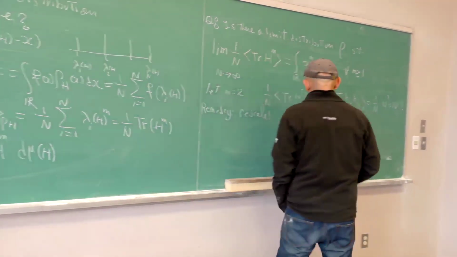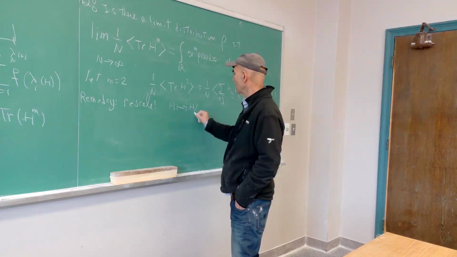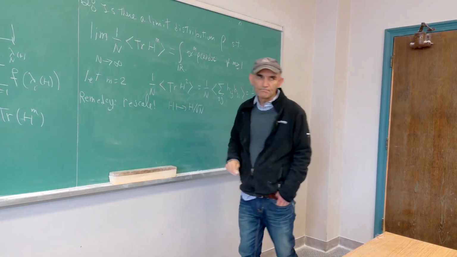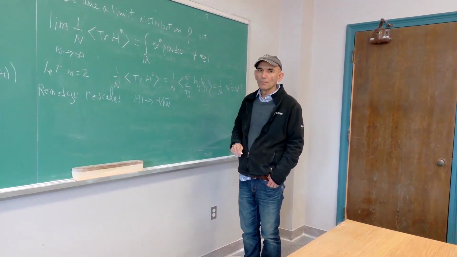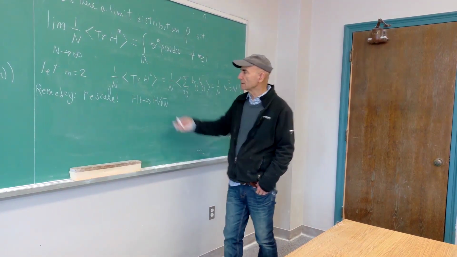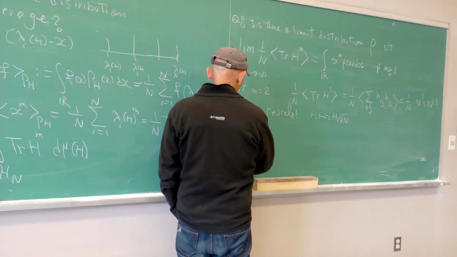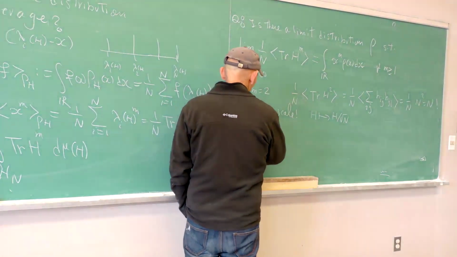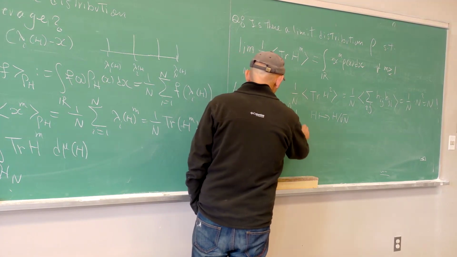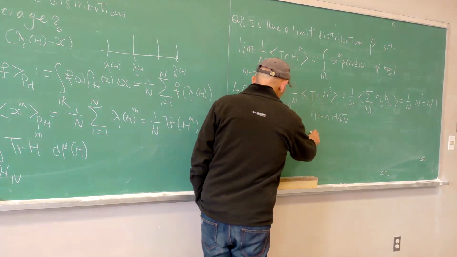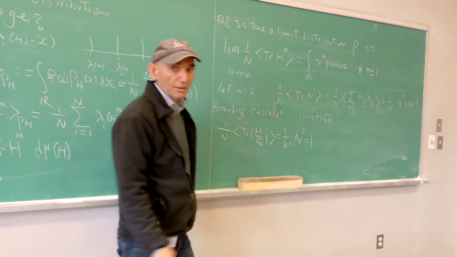So how do we rescale? We are going to replace H by H over root n. And then in that case, everything works fine. 1 over n trace of (H over root n) squared becomes 1 over n squared times n squared, which is constant 1, actually.